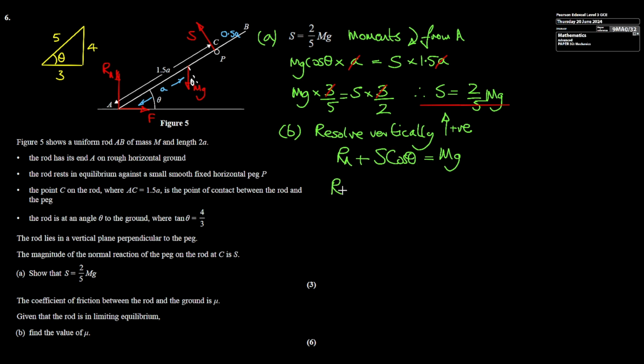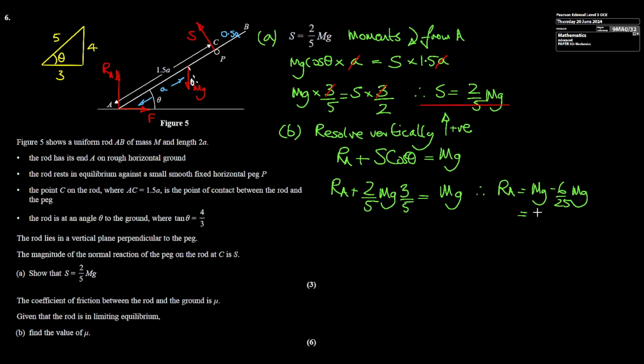So I get RA plus S, which is 2/5 mg, and cos theta 3/5 is equal to mg. Pushing this around, therefore RA is equal to mg minus, this is 6, this is 25, 6/25 mg, which is equal to 19/25 mg.